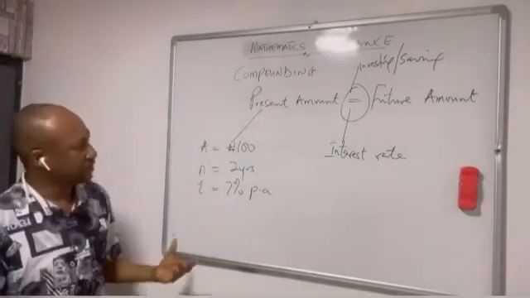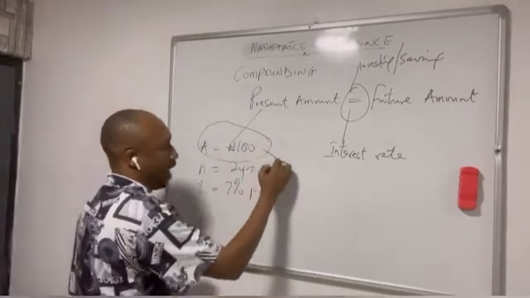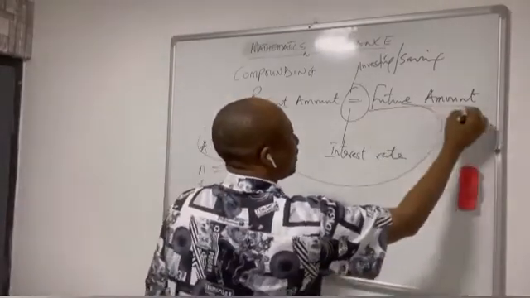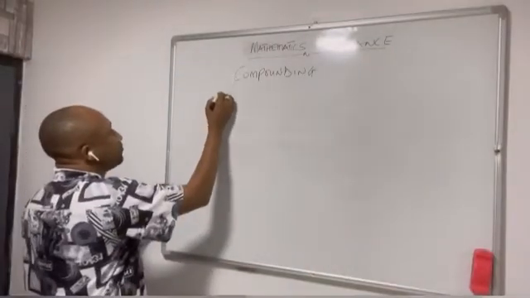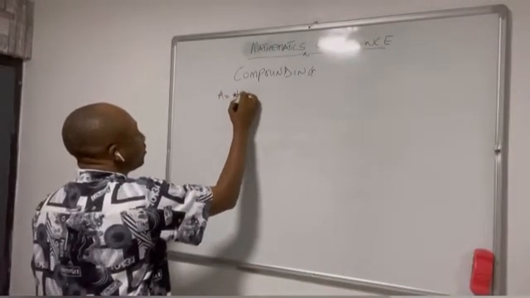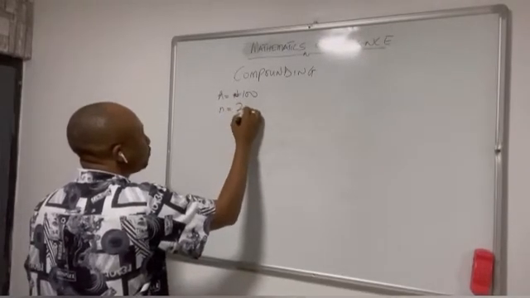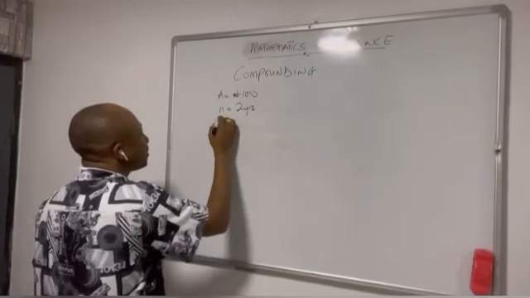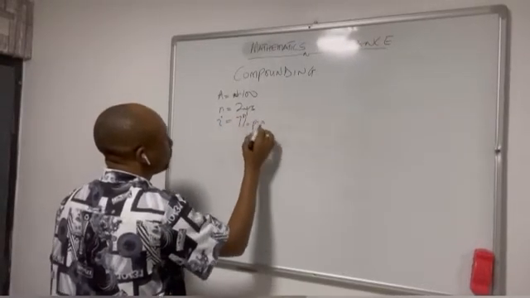So the question is, how much will this your 100 naira amount to at this future date of 2 years? So the amount you have invested is 100 naira, the number of years you wish to invest is 2 years, and the interest your bank pays is 7% per annum.